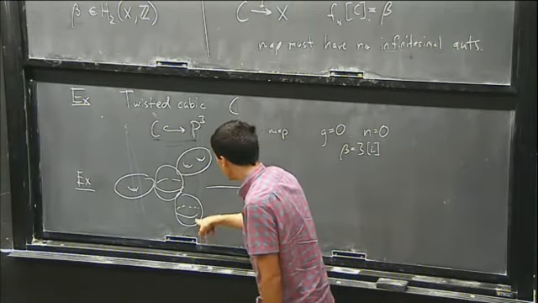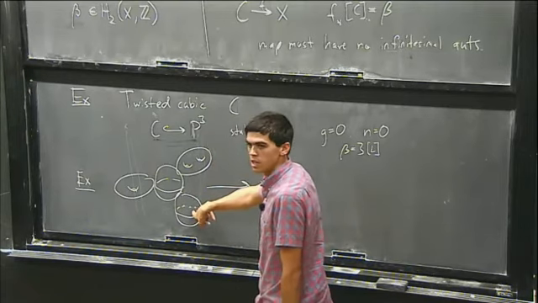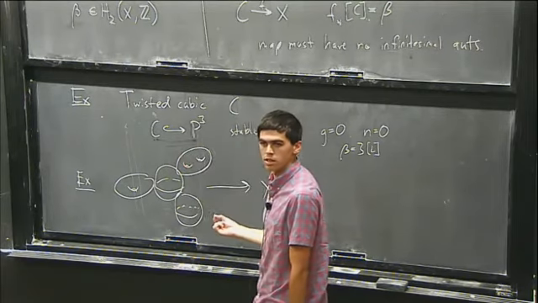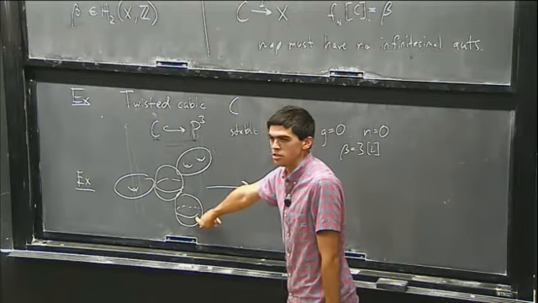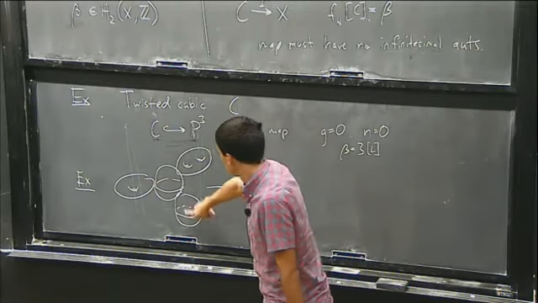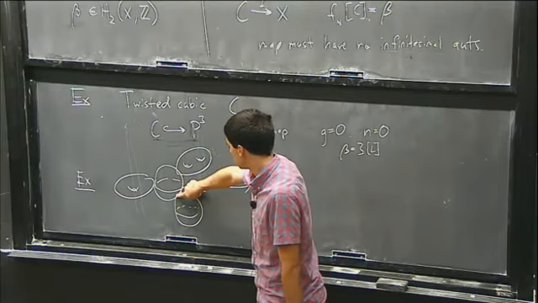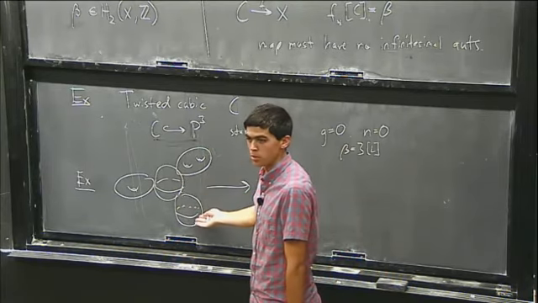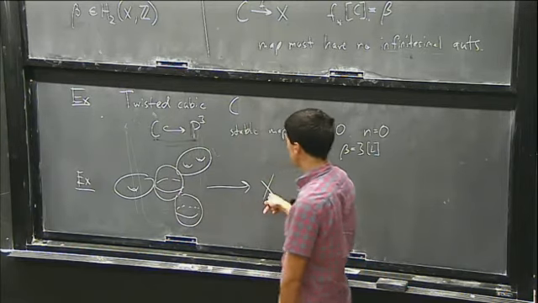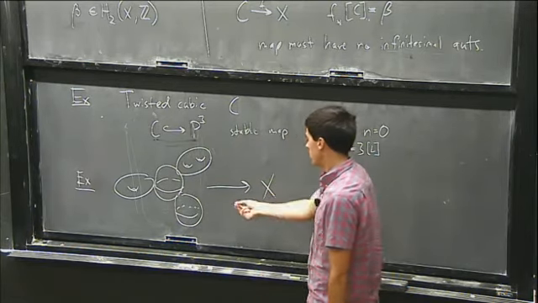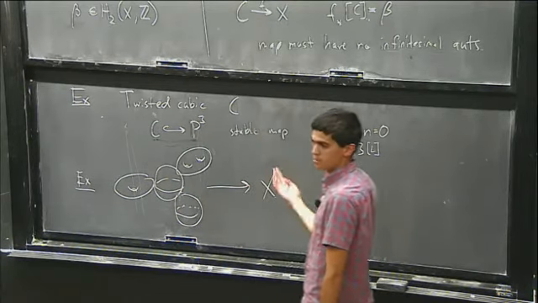Well, the only constraint actually is that this component cannot be contracted to a single point. Because if it were, well, this component is a Riemann sphere with one special point on it. And so it has a 2-dimensional automorphism group that fixes this point. And if it were contracted to a single point in X, then all of those automorphisms would commute with the map and give you an automorphism of the map.